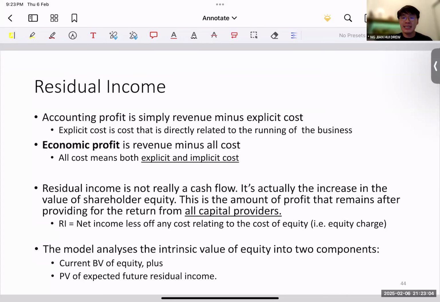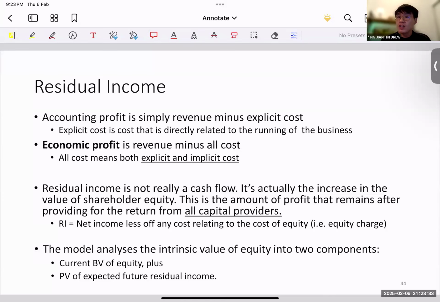Explicit cost is cost that is seen in the P&L statement, right? Cost that is actually there. But there are implicit costs that are not there. And so in order to consider all costs, instead of using the financial statements, which only have explicit costs, let's use more of an economic concept of cost.